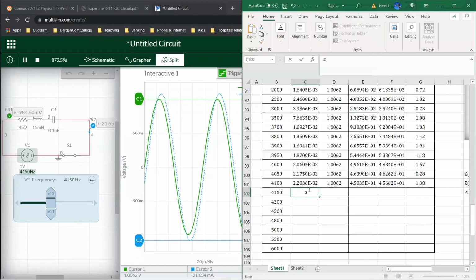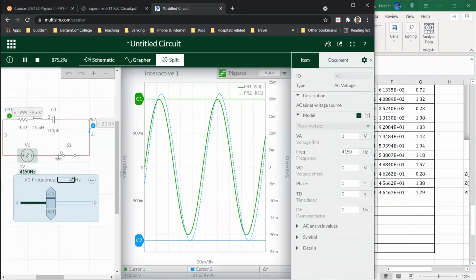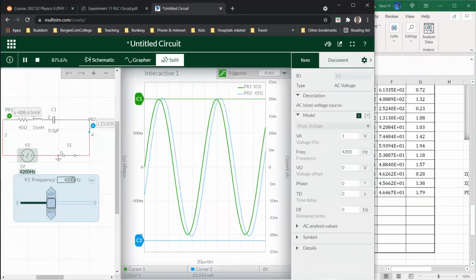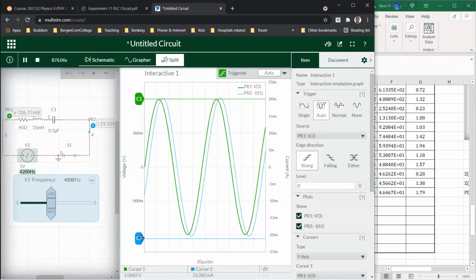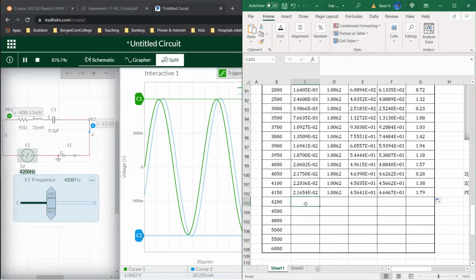Again, 0.021654. Let's go back to the previous number. Now the impedance decreases and then now it's starting to increase back, okay? We'll do 4200. Current decreases back again to about 20.22.